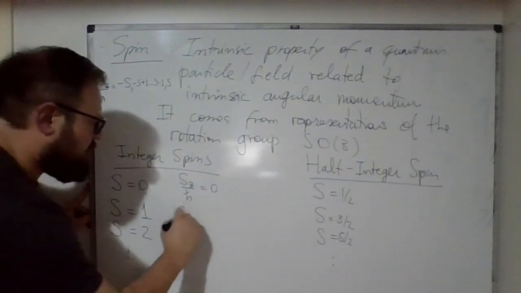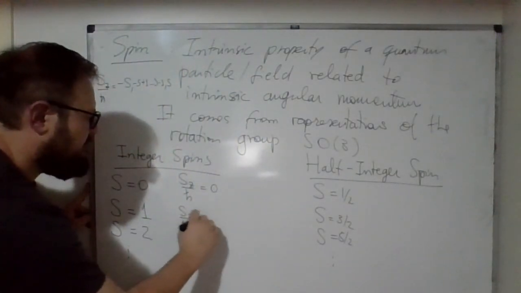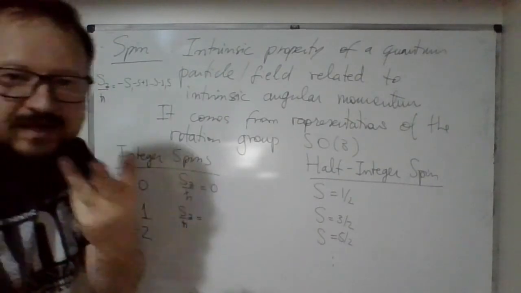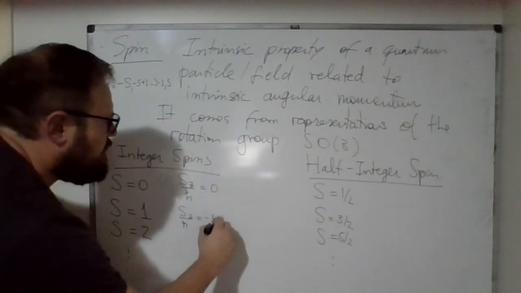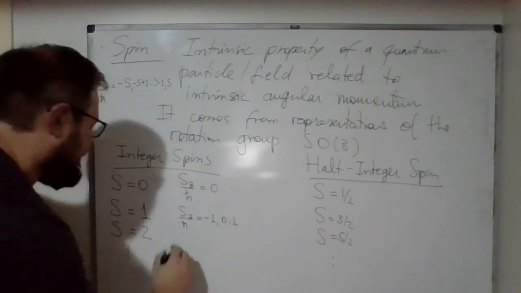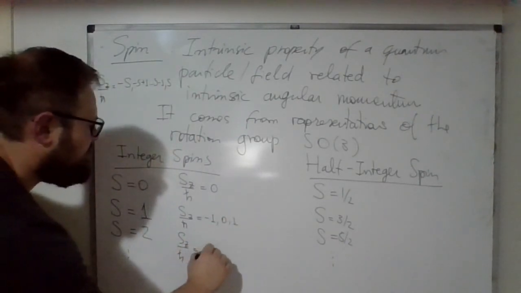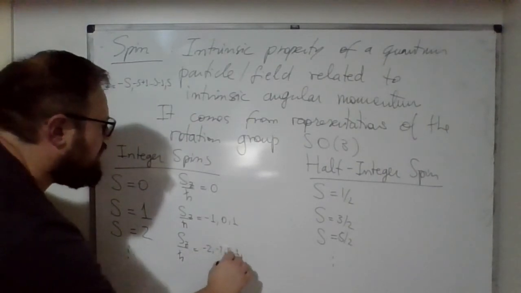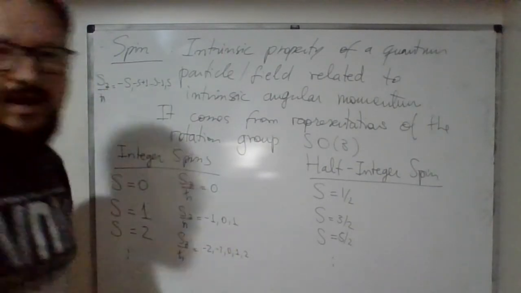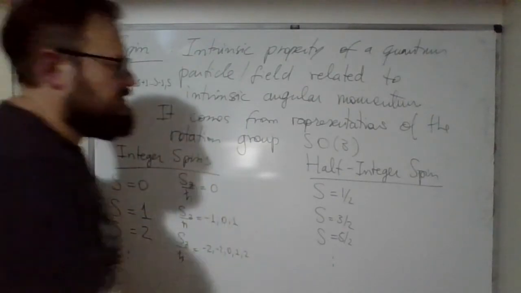For a spin 1 particle, you have three possibilities for the components: minus 1, 0, and 1. For spin 2, you will have minus 2, minus 1, 0, 1, and 2. Okay, you have these possible projections.